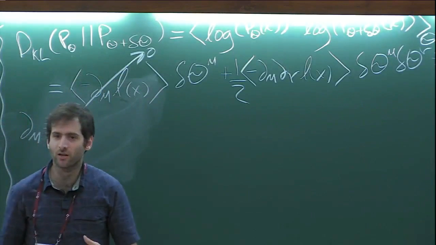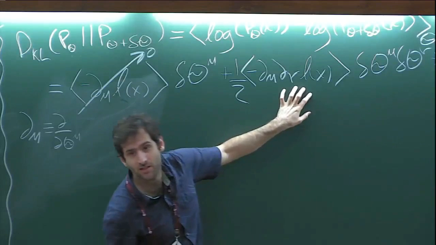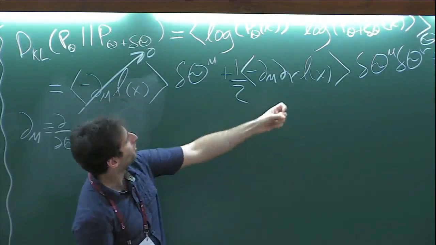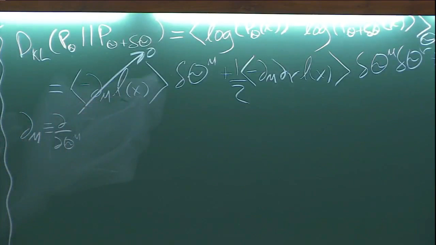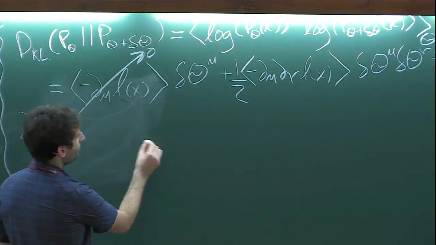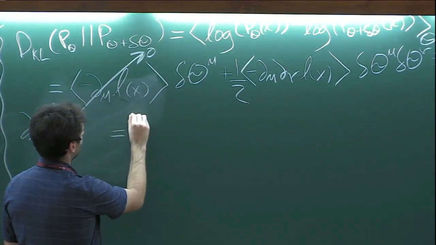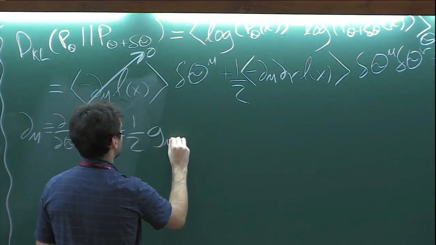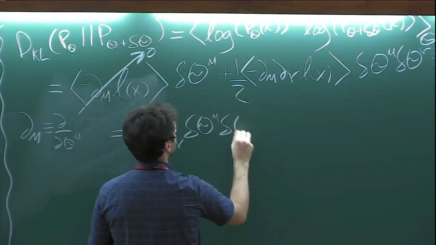Now, the other thing which we talked about is that this term has to be, well, what do we know about this term using similar arguments? Yeah, it better be positive definite. And in fact, I can write this as 1/2 delta theta mu G mu nu delta theta nu.